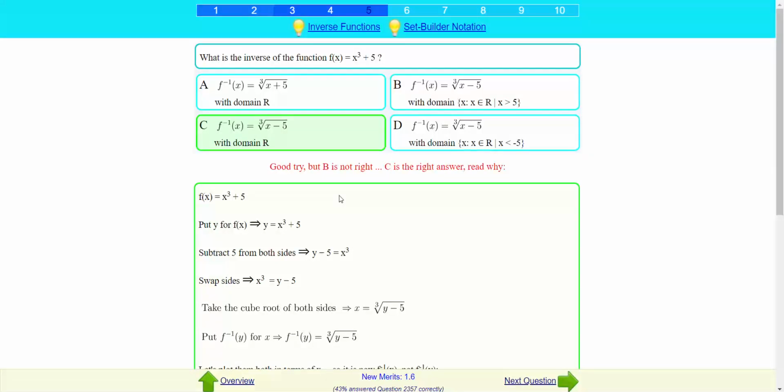What did I do wrong? Yeah, so y minus 5, the domain is real numbers. Oh, so that doesn't matter for this cube root. So it's only for the square root.